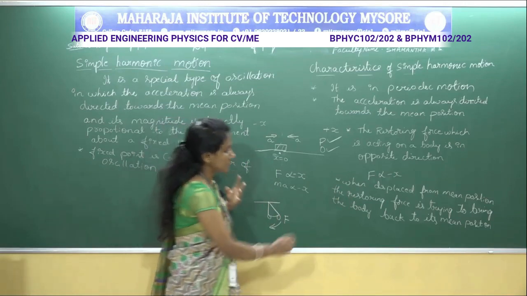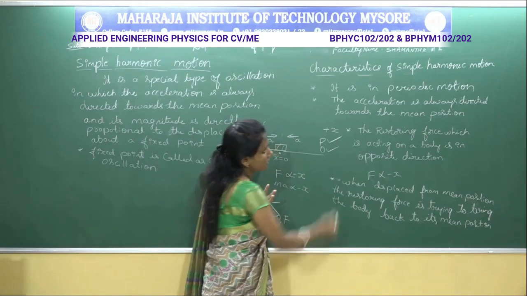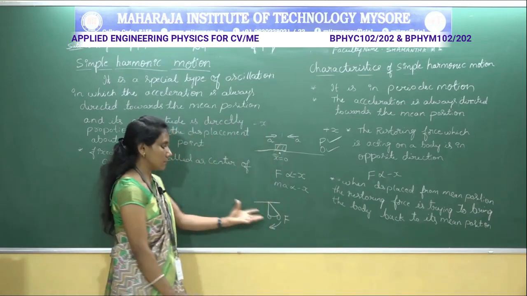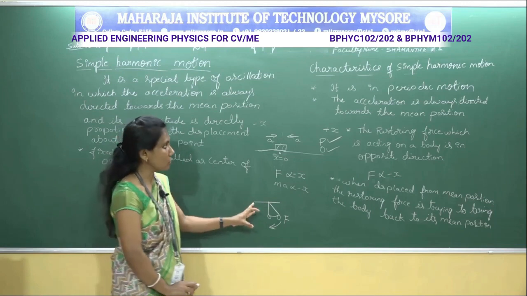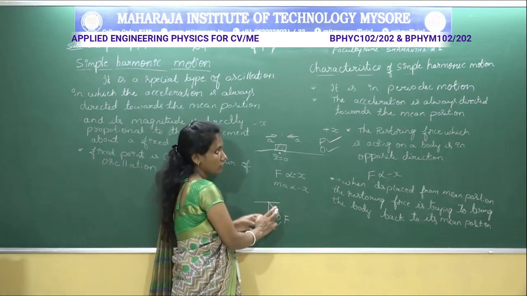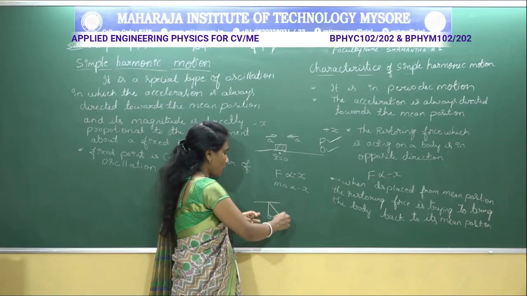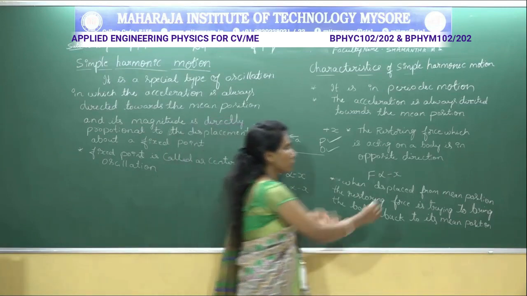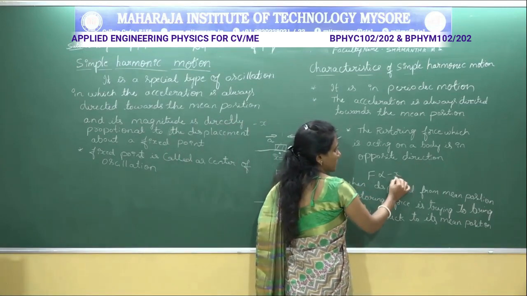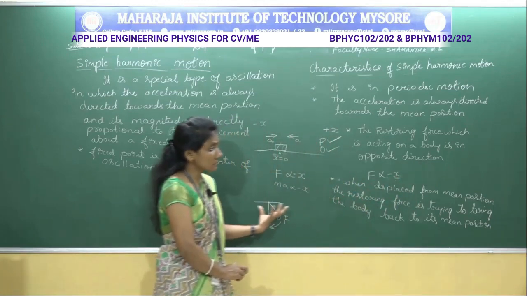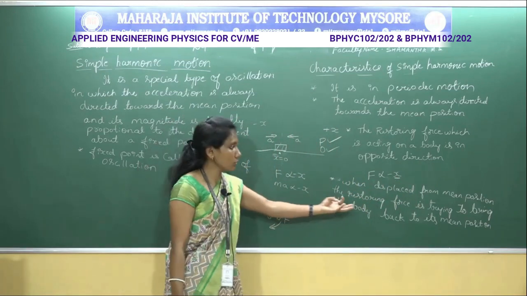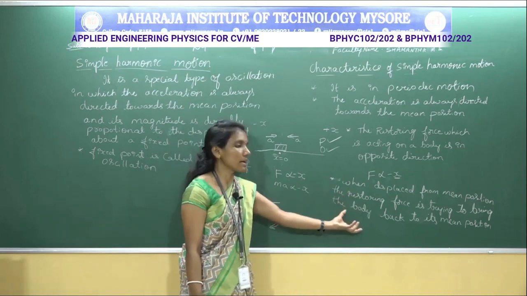So these are the characteristics of simple harmonic motion. One, it must be periodic, repeating itself after a regular interval of time. And the restoring force acting on the body is opposite to the displacement, and when displaced from the mean position, it tries to bring the body back.